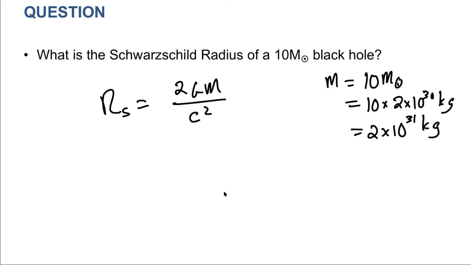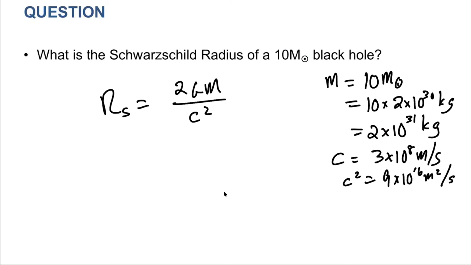What is c? C, the speed of light, is 3 times 10 to the 8 meters per second. C squared, you square the base and double the exponent, is 9 times 10 to the 16 meters squared per second squared. And we know that G is, we can plug these numbers in.